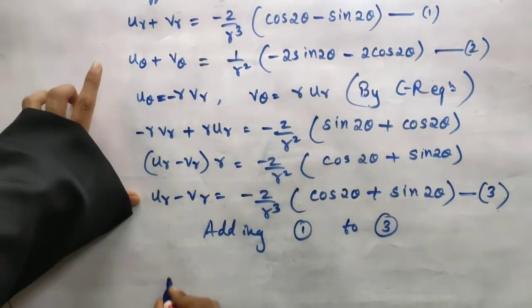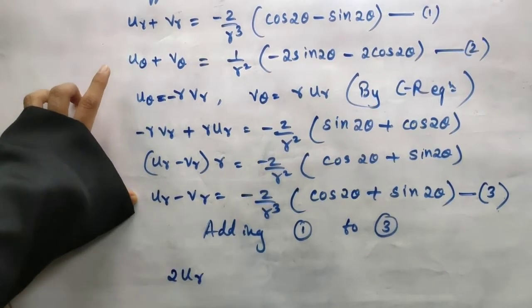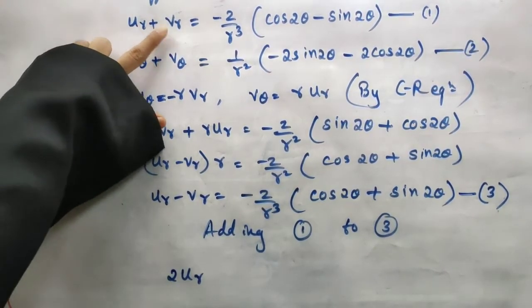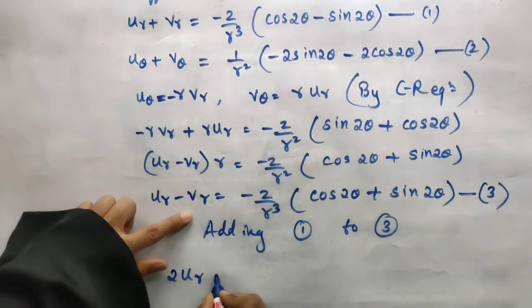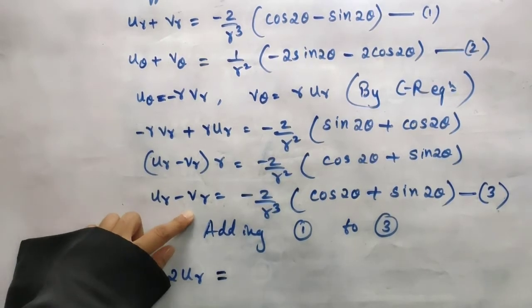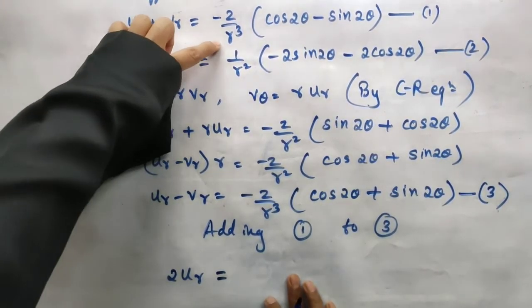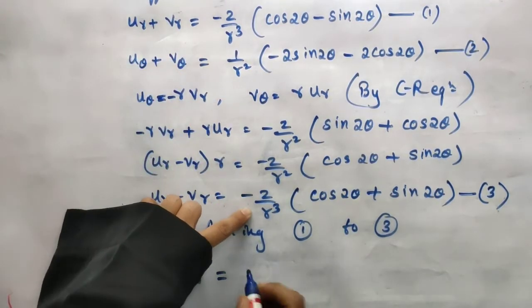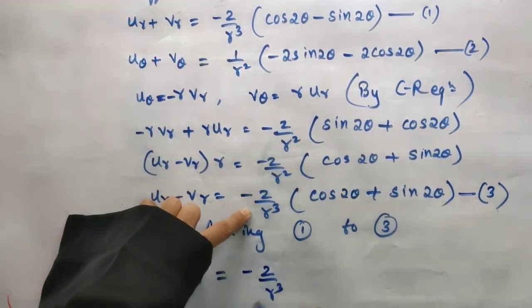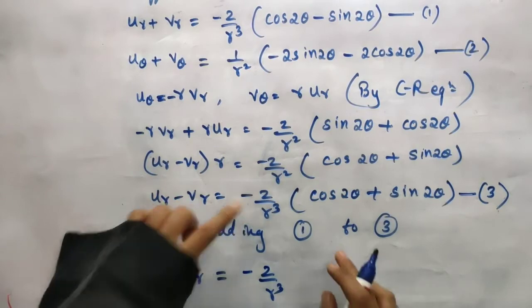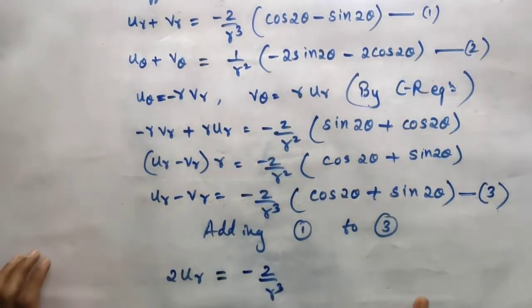u_r plus u_r is 2 times u_r, plus v_r minus v_r gets cancelled. Now minus 2 by r cube minus 2 by r cube, it's common, take it outside. Now inside, what terms are you having? Just see.